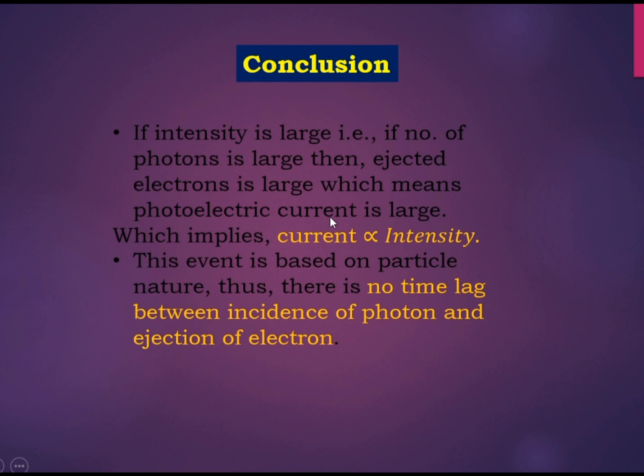This implies that the photoelectric current is directly proportional to the intensity of the light we are using. Next, this event is based on particle nature, which we have already discussed. Thus there is no time lag between incidence of photon and ejection of electron.